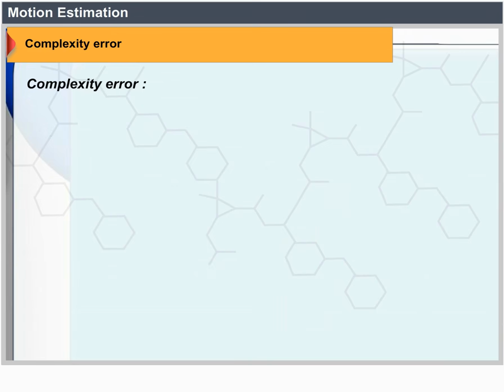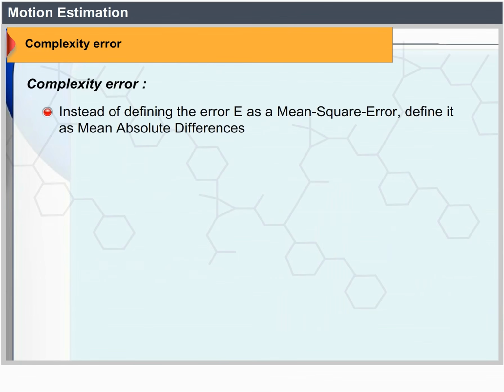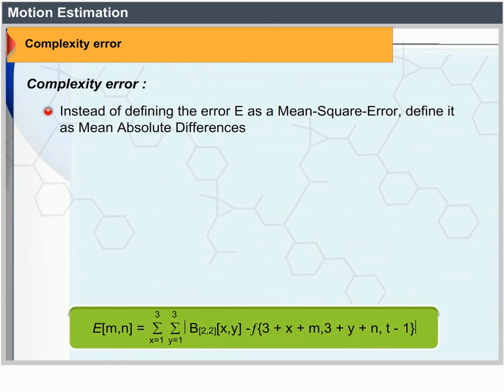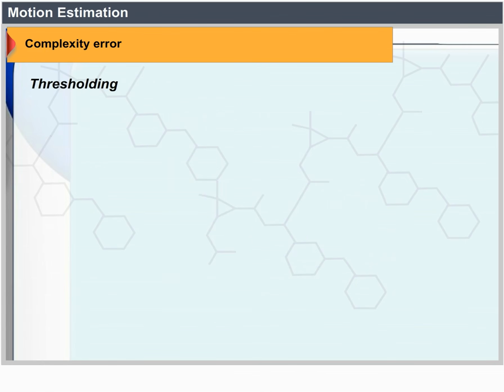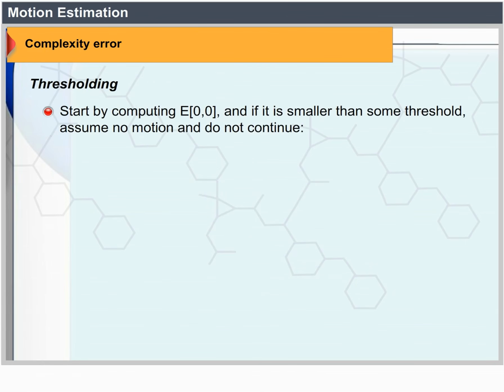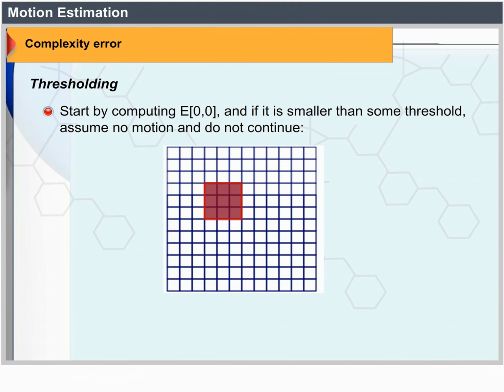Complexity, error: instead of defining the error E as a mean square error, define it as mean absolute differences, as shown on the screen. Thresholding: start by computing E(0,0), and if it is smaller than some threshold, assume no motion and do not continue. This can be represented as follows.